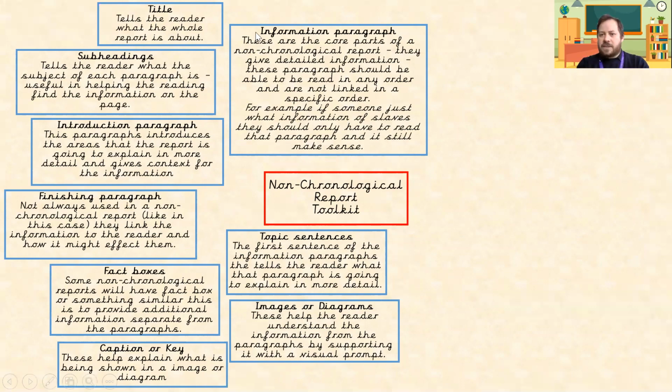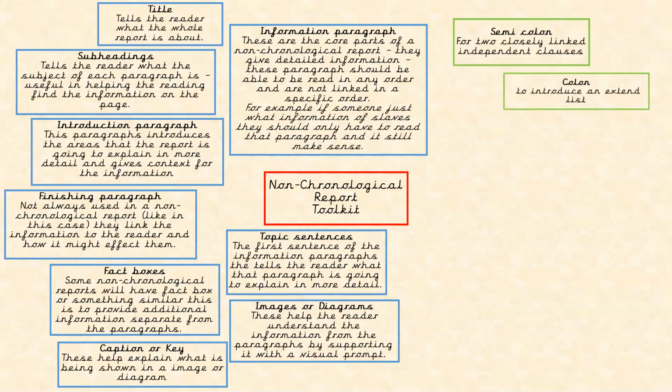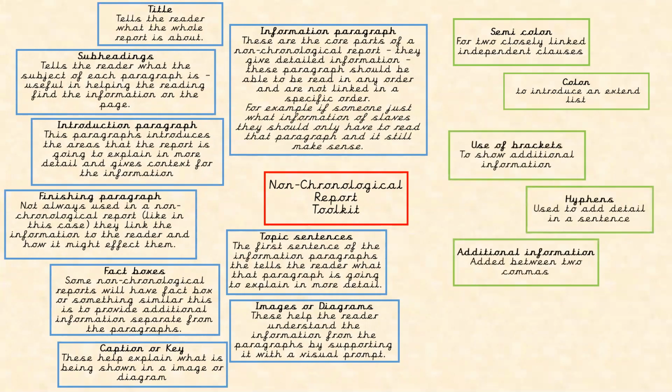I'm just going to hide myself so you can actually see the entirety of it. So we have semicolons and colons. Semicolons used to link two closely linked sentences or independent clauses, and a colon used to introduce an extended list. We have the use of brackets, hyphens, and commas to show additional information. These are all types of parentheses, those bits that you add into a sentence to give more information.